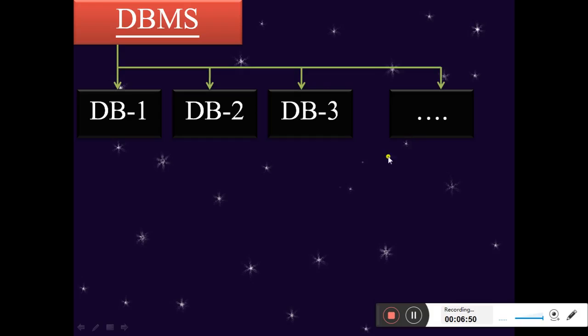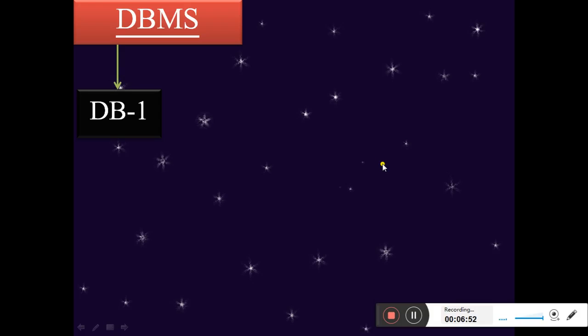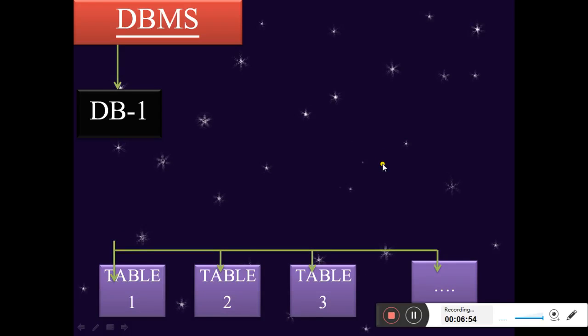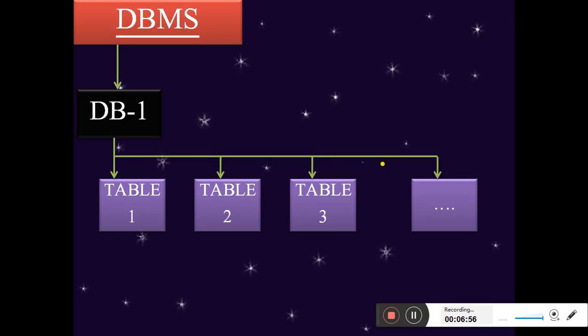Now in one database you can create multiple tables, right? In previous lectures I have already explained what a database management system is and how to use it. Now which software are we using? We are using PostgreSQL software.